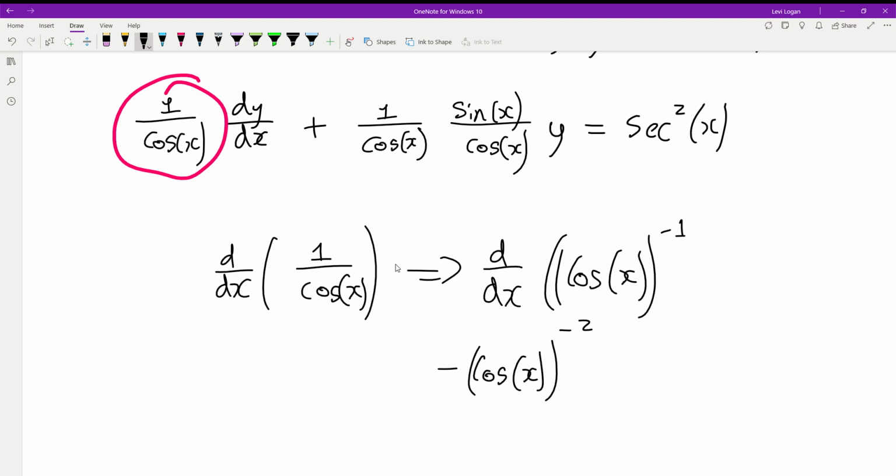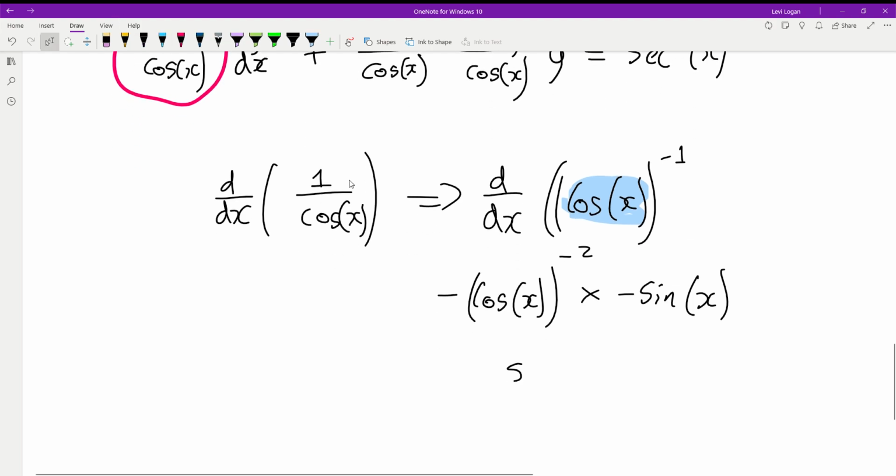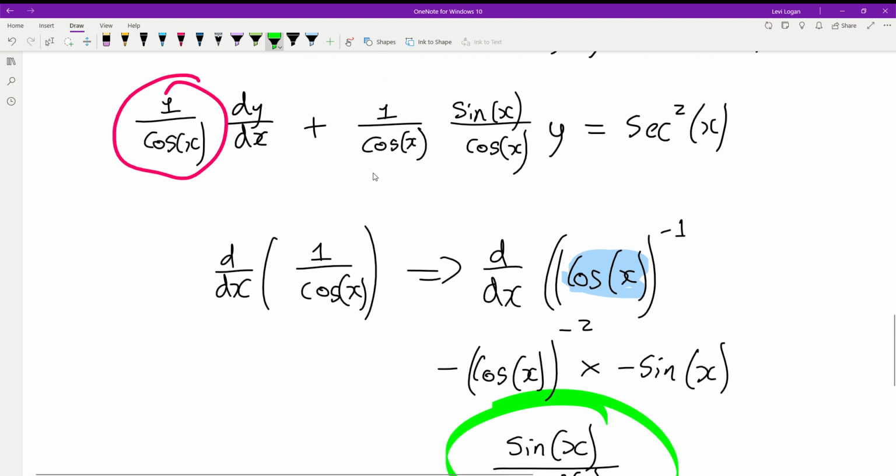Then I multiply by the derivative of the inside function, cos x, following the chain rule. The derivative of cos x is negative sine x, so I times it by negative sine x. A negative times a negative is a positive, so what we have is just sine x, and if I make that a positive index, over cos squared x, which is exactly what I have here. Because if I were to multiply these together, I would have sine x over cos squared.